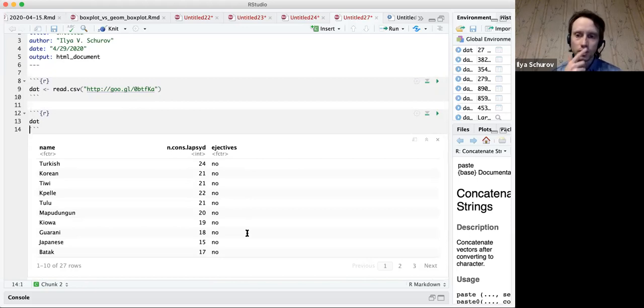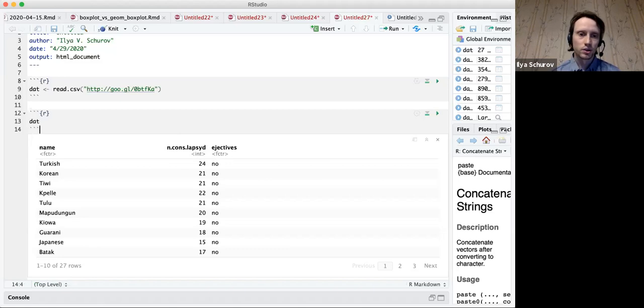And previously we used it to predict number of consonants from adjectives. But now I will do it in the opposite direction. It means that I will try to find how the fact that there are adjectives depends on number of consonants.